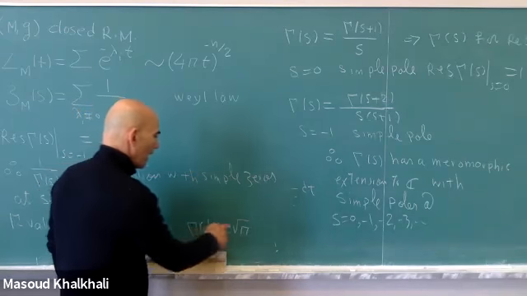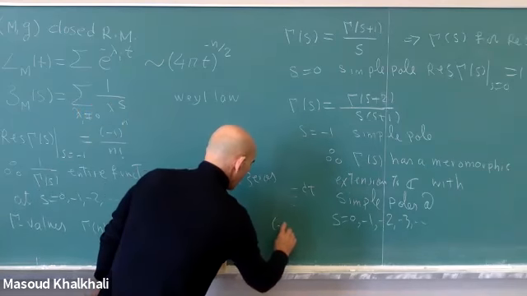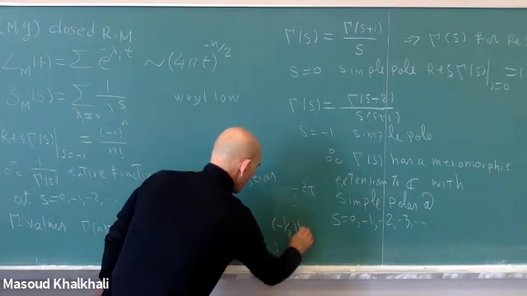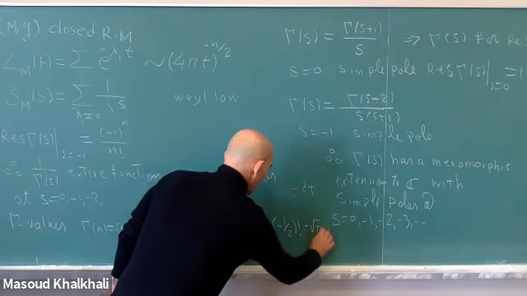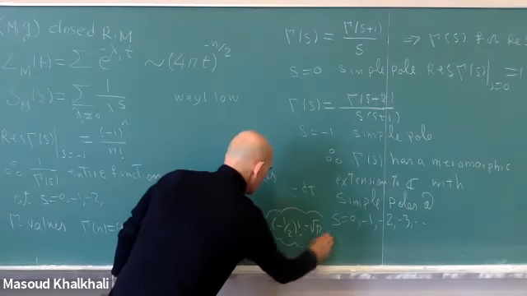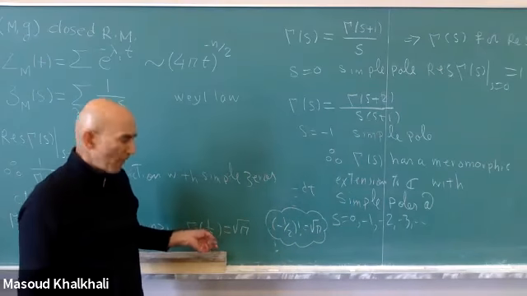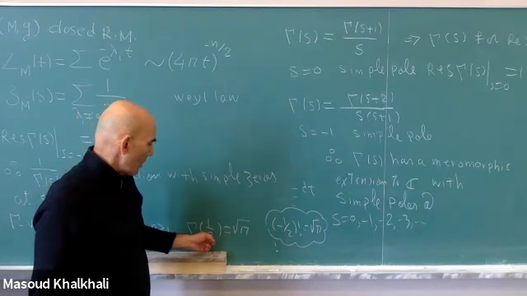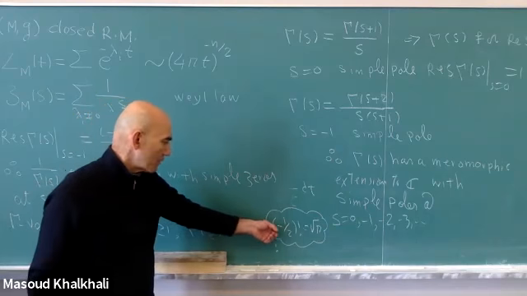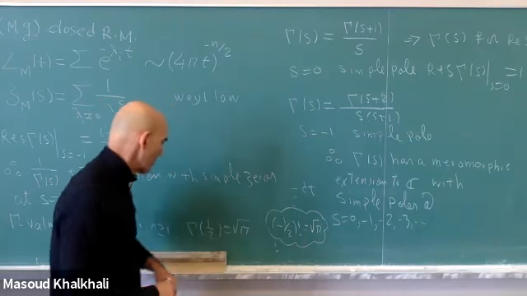So you can say minus 1/2 factorial, just for fun, is equal to root pi, because gamma of s is s minus 1 factorial. So 1/2 minus 1 is minus 1/2 factorial, which is root pi.